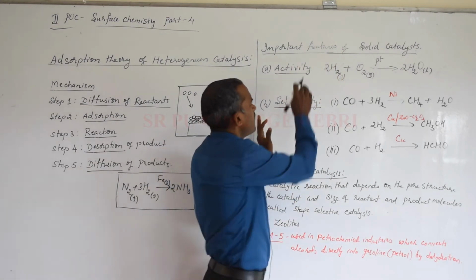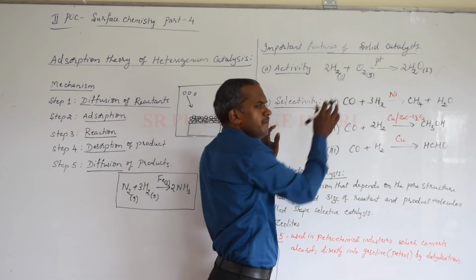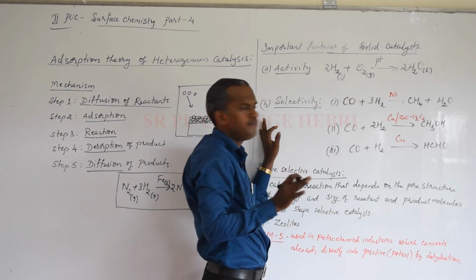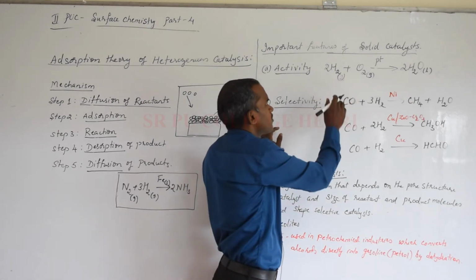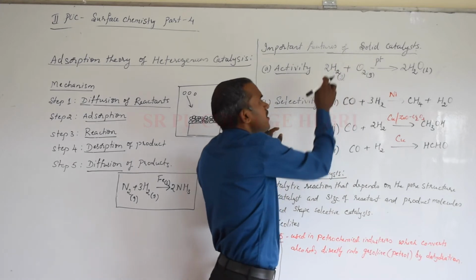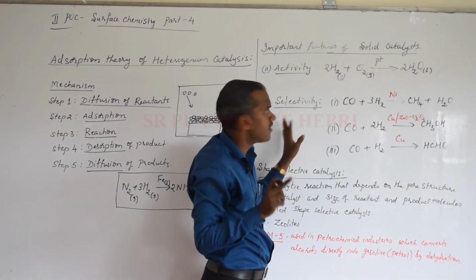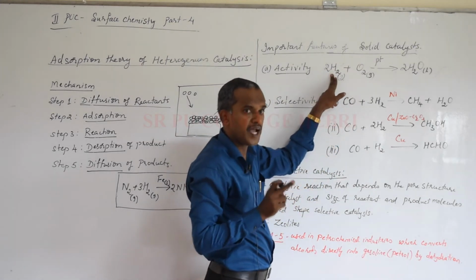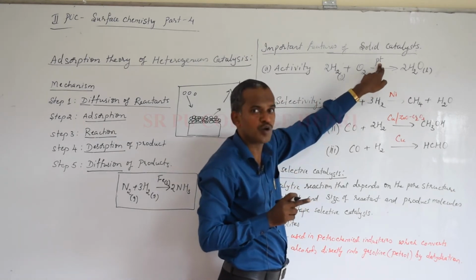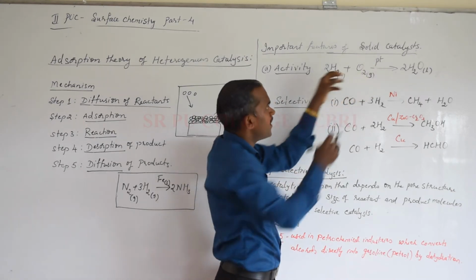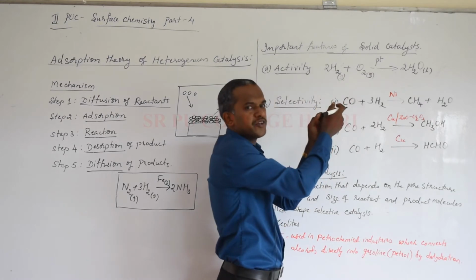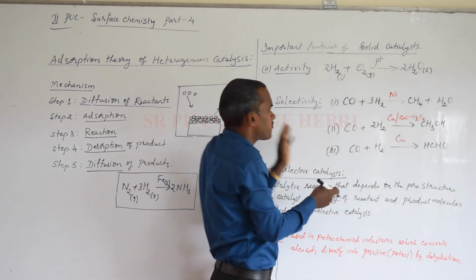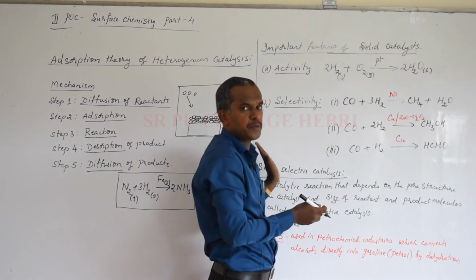So whenever you study activity, remember that metals like platinum can be used in the hydrogenation process. That depends on the nature of the adsorbate, in this case hydrogen, and the nature of the adsorbent, that is platinum. Whenever a strong bond formation is possible, we can expect all the further phenomena we discussed in the adsorption theory.